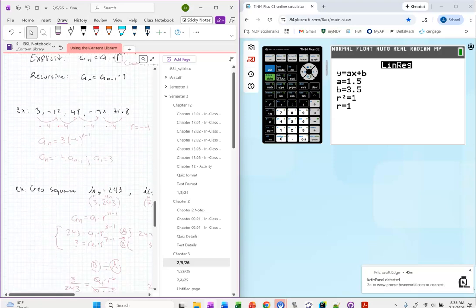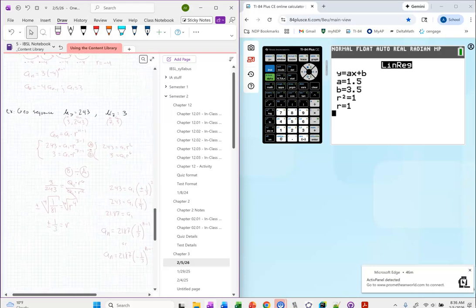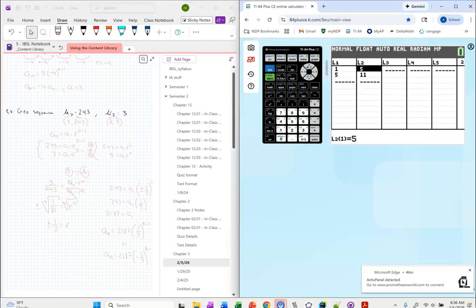What's even better, though, is I can do this for a geometric sequence also. The only difference is a geometric sequence is the same as what kind of function? Exponential. So the only difference is instead of doing linreg, I'm going to do expreg, for exponential.